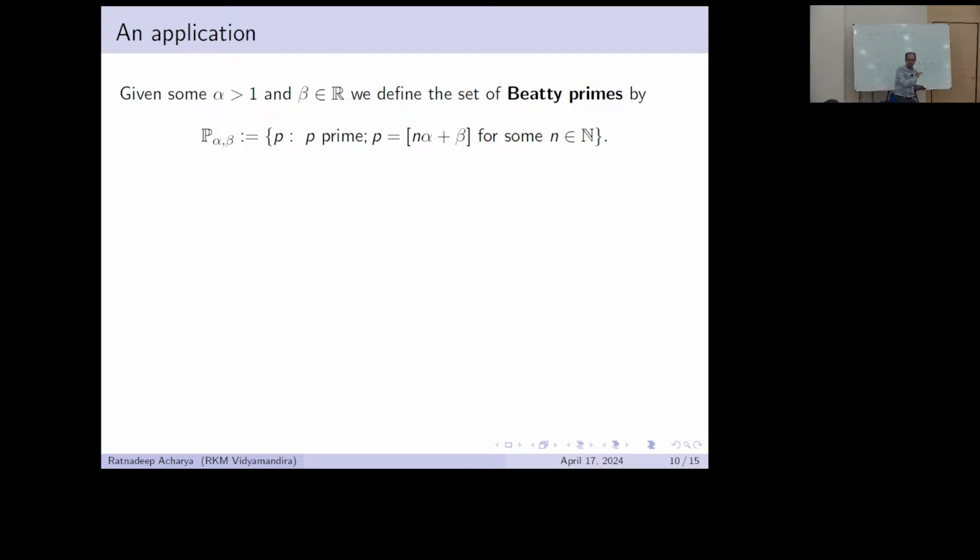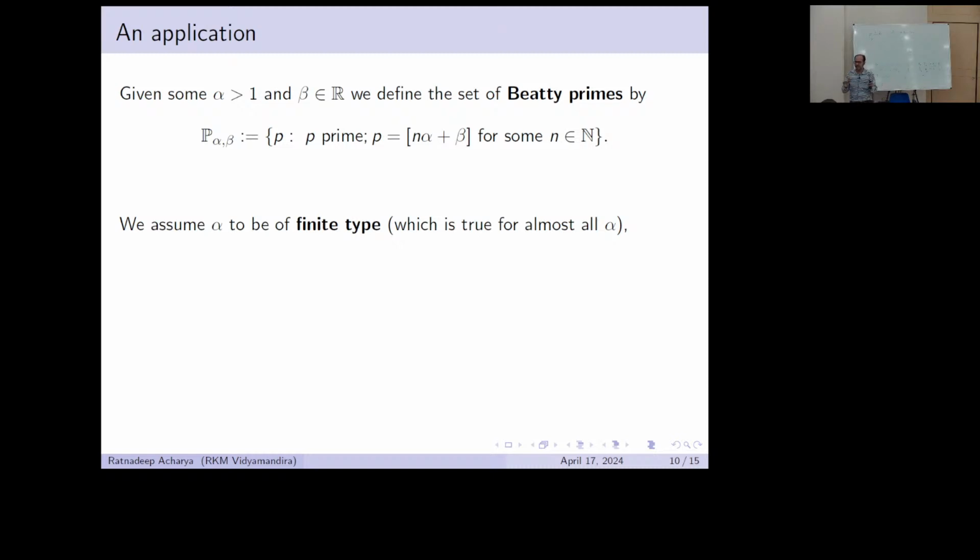Usually one can take alpha to be irrational for Beatty primes, but we have a small assumption. We assume that alpha is of finite type. I'll write down the definition, but you can ignore it.